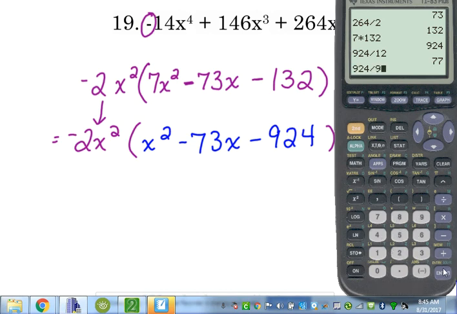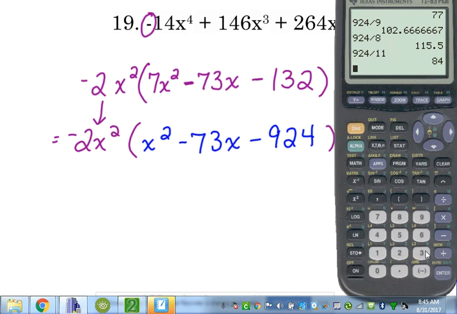So, how about we check 9? Nope, that didn't work. 8? Nope. Am I missing something? I know it's not divisible by 10. Shouldn't be 11. Oh, okay, it is 11. 11 and 84. Will 11 and 84 combine to give me 73?